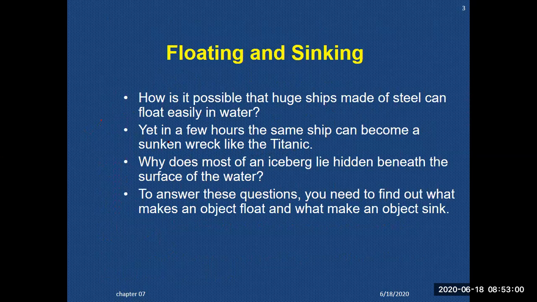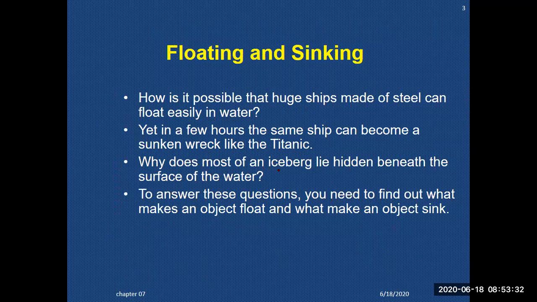Why does this happen? Because when water fills up inside a ship that was floating before, it results in an increase in the weight of the object, which becomes more than the upthrust of the water, so it will sink like the Titanic. Huge ships made of steel can float easily in water because we have increased the volume of water displaced by increasing the size and shape of the ship.